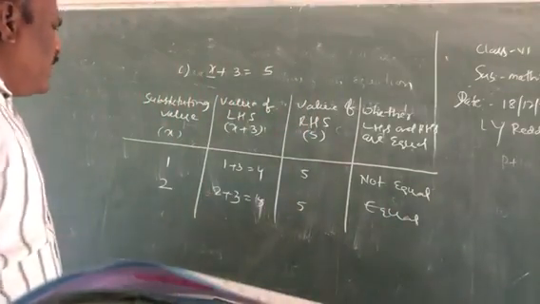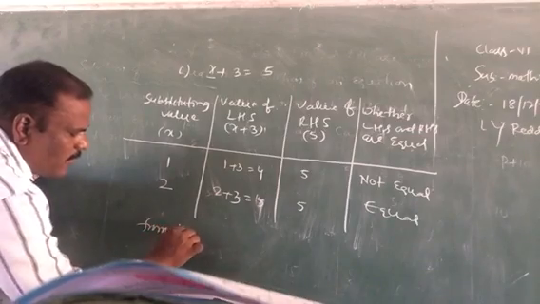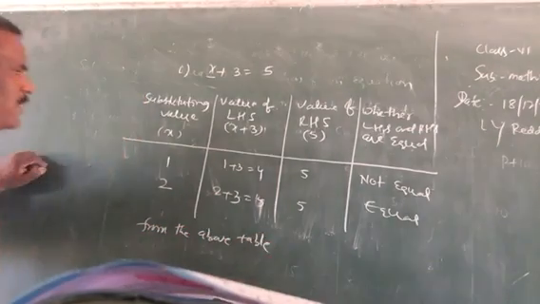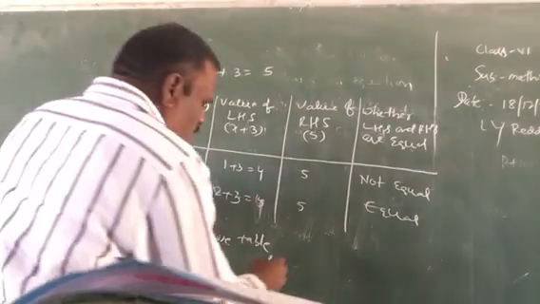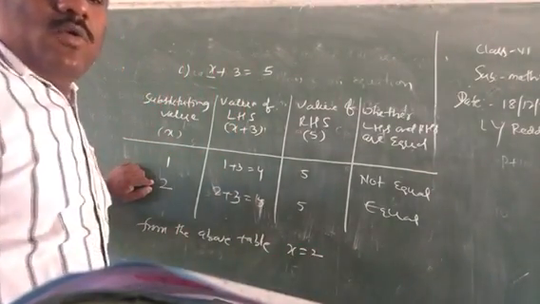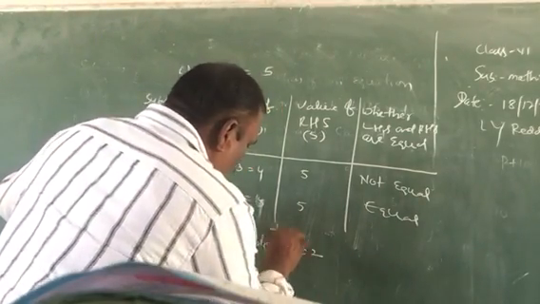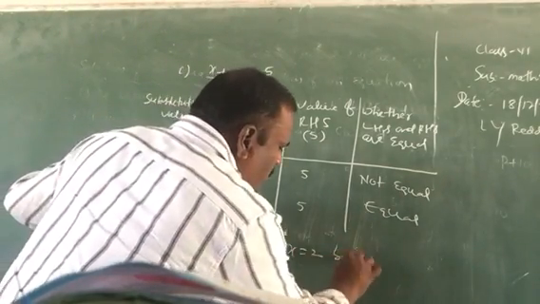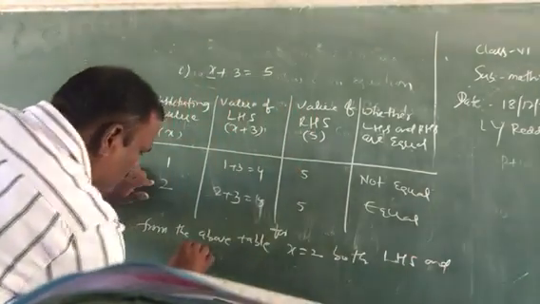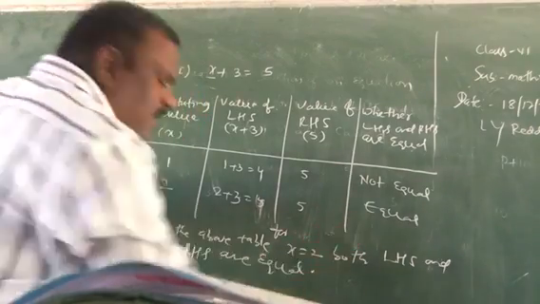From the above table, for x equal to 2, both LHS and RHS are equal.